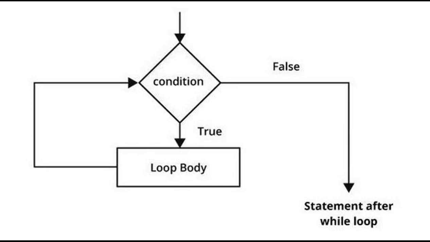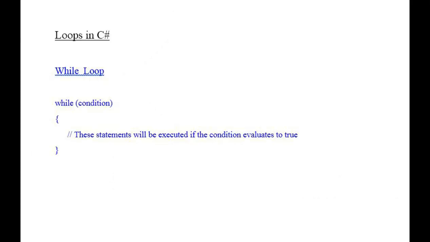We can have a quick look at a while loop statement. A typical while loop statement in C# will look like this. It will begin with the keyword while. We have open and close parentheses, and within those parentheses we will have a condition that we evaluate. If that condition evaluates true, then any code sitting within the curly braces is executed, and the code loops round to evaluate the condition again.